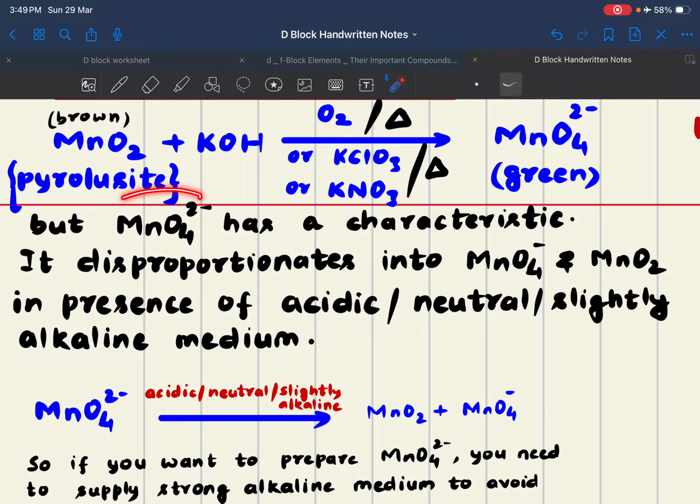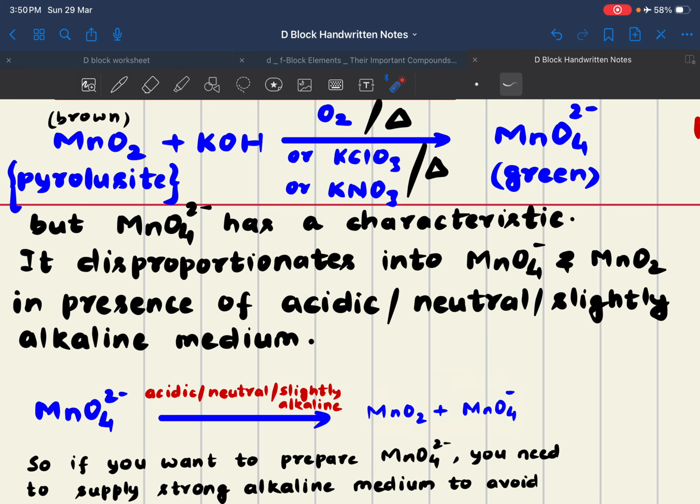Means the manganate ion disproportionates into permanganate and MnO2 in the presence of acidic, neutral or slightly alkaline medium. That's the problem. Manganate ion in the presence of acidic, neutral or slightly alkaline medium will disproportionate into MnO2 and MnO4 minus.